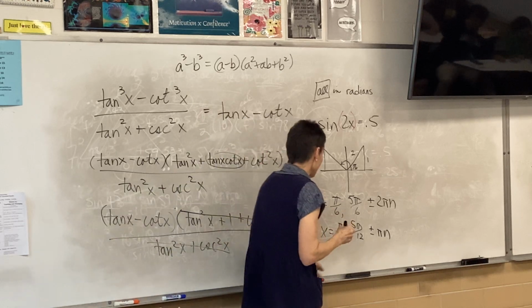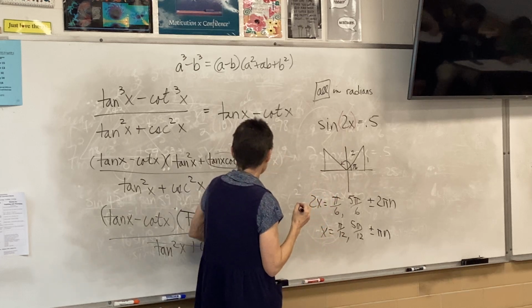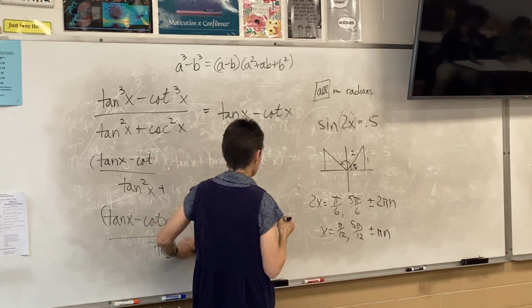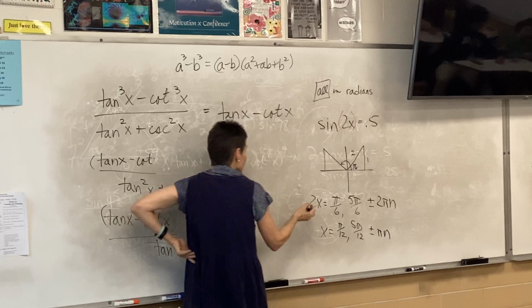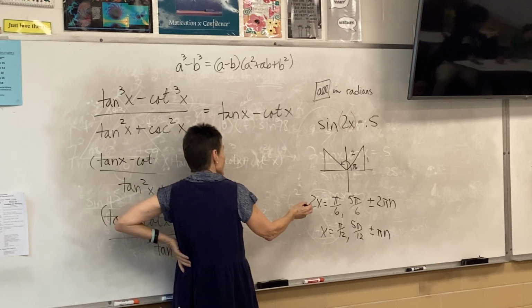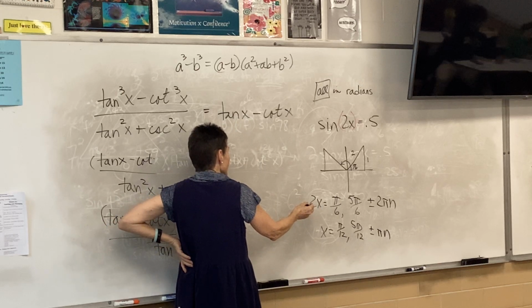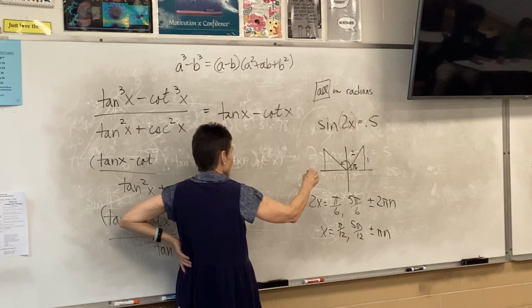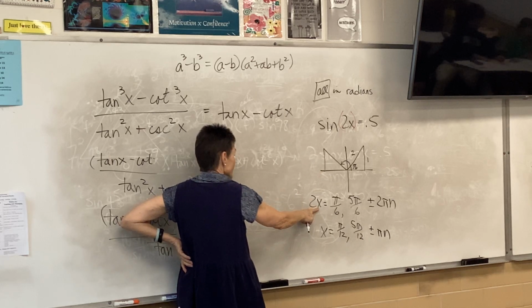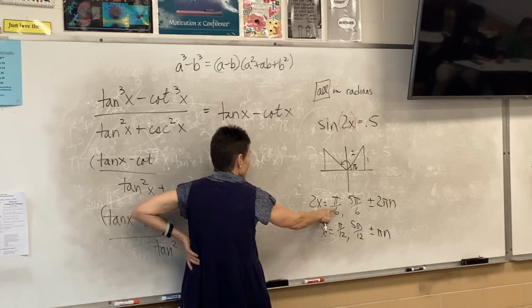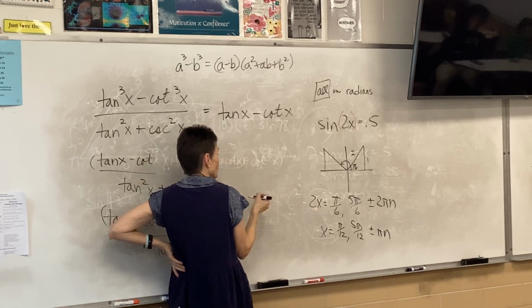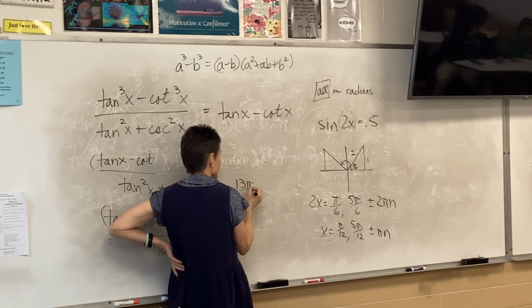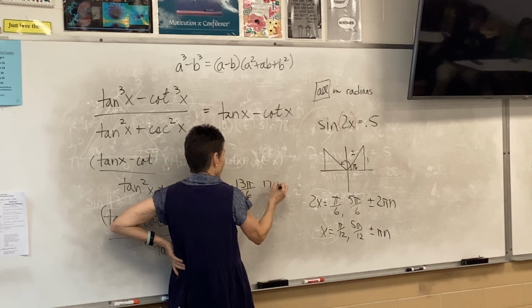If you feel safer, and the reason I'm pausing for a second is, if you feel safer, you can go back and remember that if we're solving the problem in terms of 2x, in the first revolution, we would actually have to go around twice. So it would be this plus 2 pi, which would be 13 pi over 6, and that plus 2 pi, which would be 17 pi over 6.